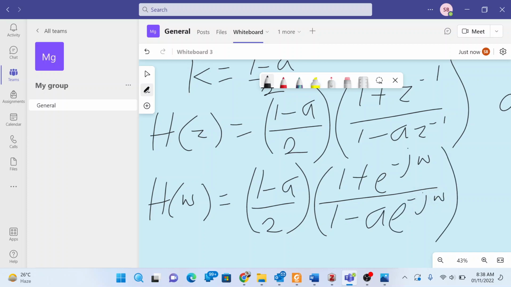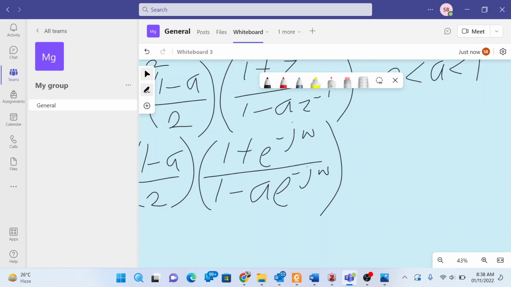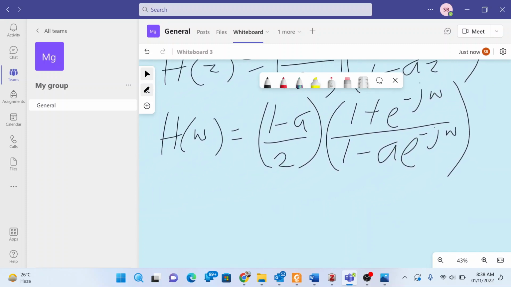This e raised to power j omega can be converted to the rectangular form of complex numbers. So let's convert that.